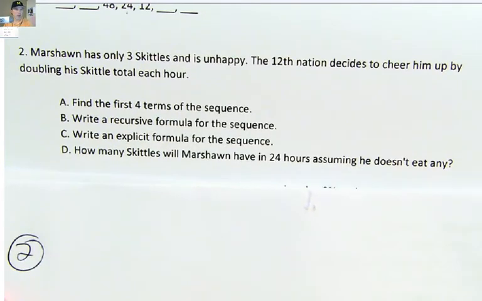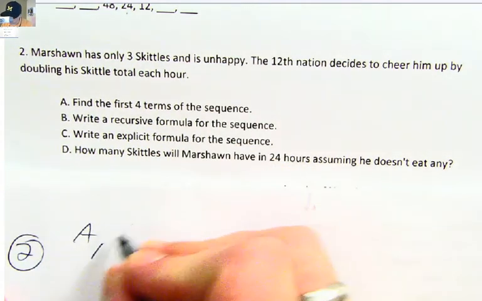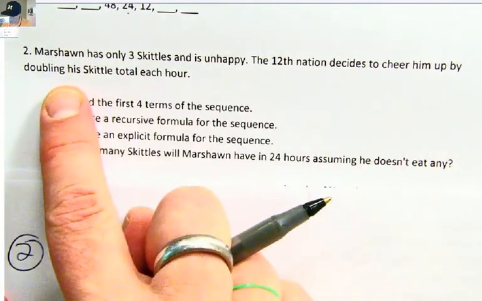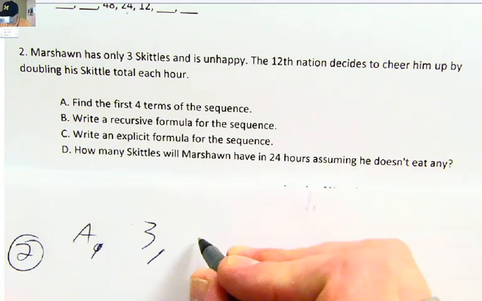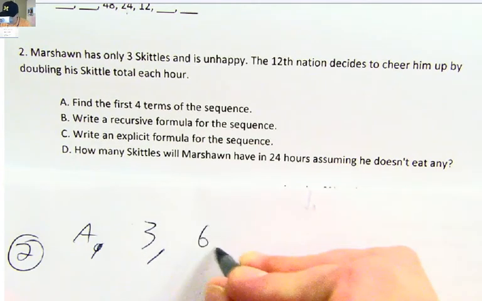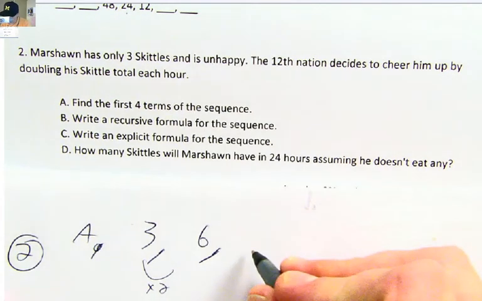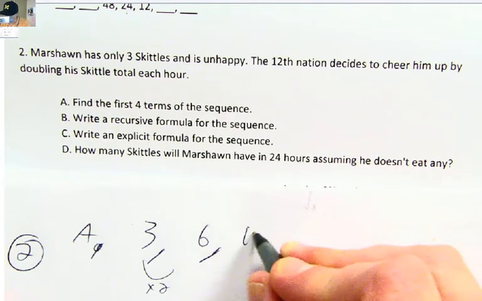All right, so recursive formula for part A. Starting off with 3 Skittles. Cheer him up by doubling his Skittles each hour. So 1 hour later, he will have 6, the doubler. We're multiplying by 2. An hour after that, you multiply by 2 again, you'd get 12.